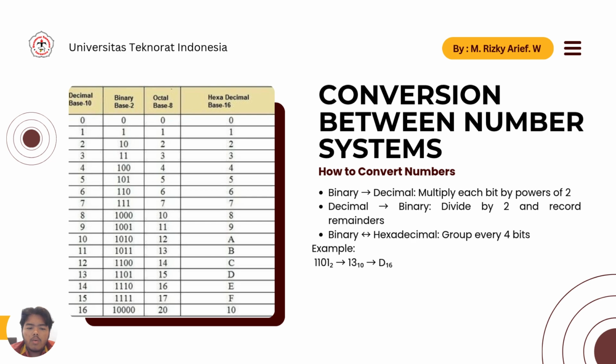In short, 1101 base 2 equals 13 in decimal, which equals D in hexadecimal. This process is how computers and programmers translate numbers between different representations.